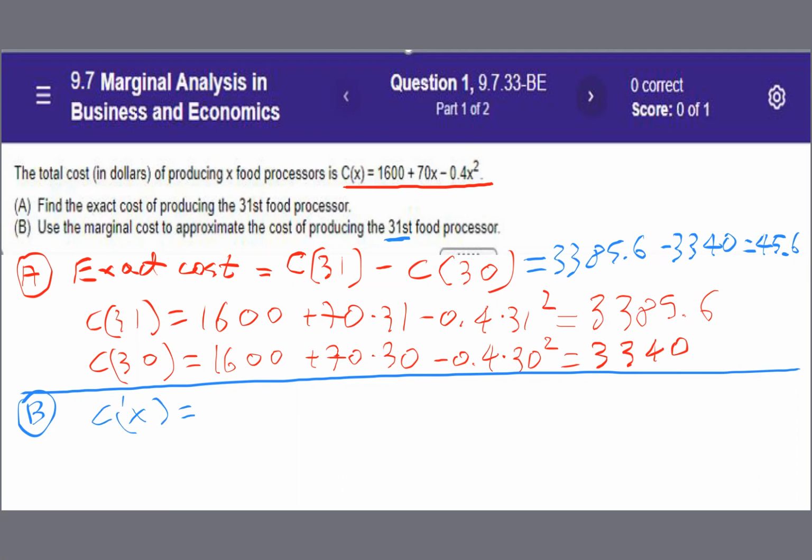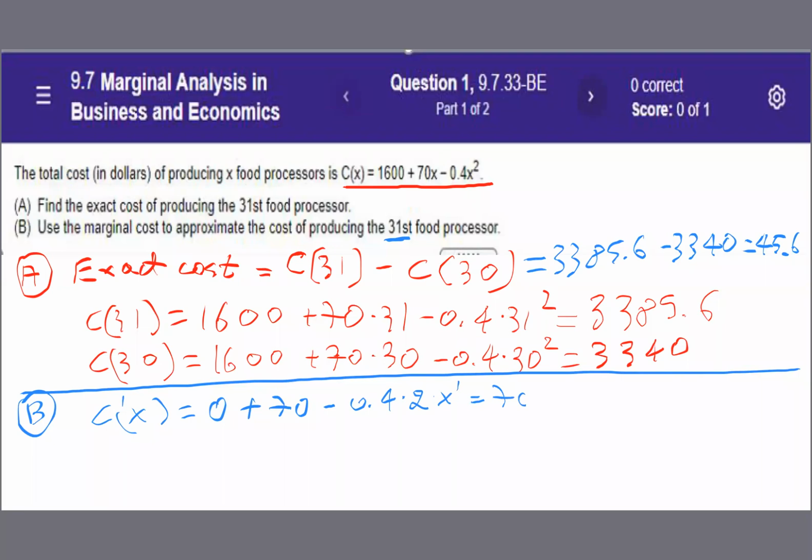So the C prime of X is the derivative of the first term, which is 0, plus the derivative of the second term, which is 70, because 70 times X, minus 0.4 times 2 times X to the first.